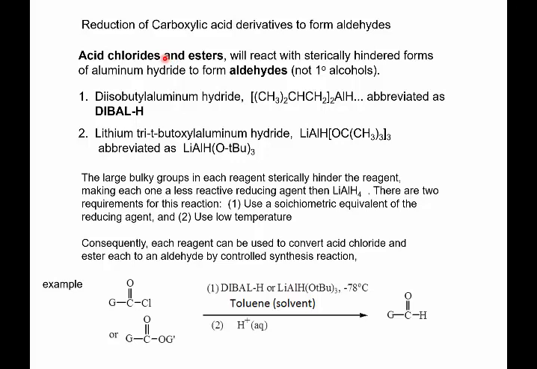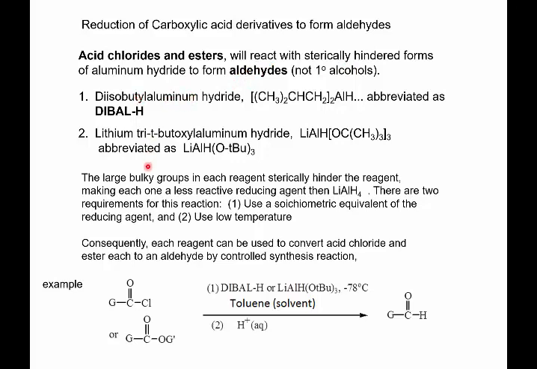Organic chemists have come up with a couple of designer reducing agents, requiring some special conditions, that if you take an acid chloride or an ester and react it with one of these special designer reducing agents, you get reduction, but it's different than before. The reduction product is an aldehyde, not a primary alcohol.